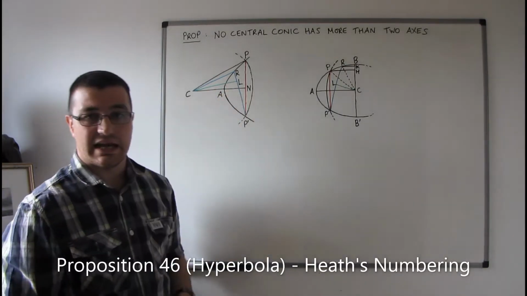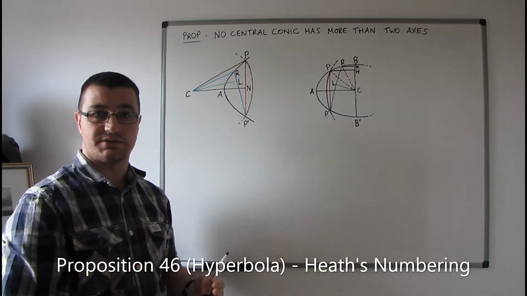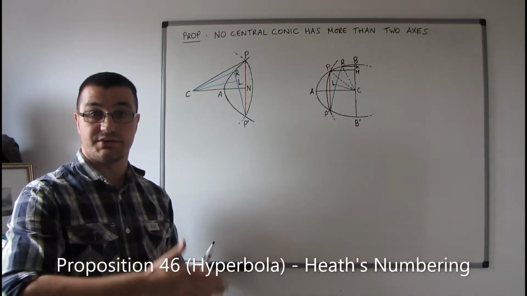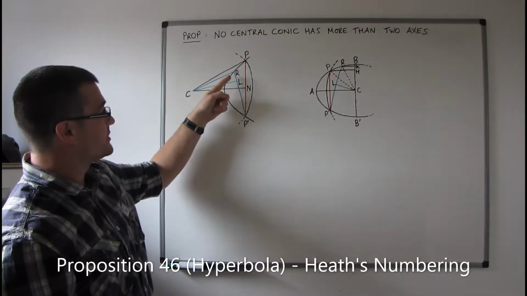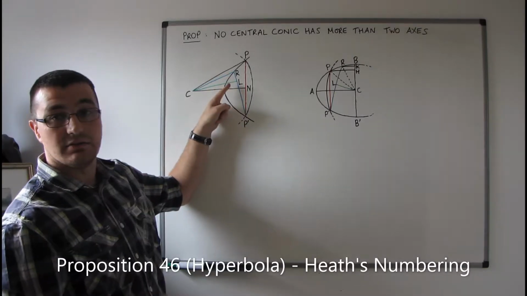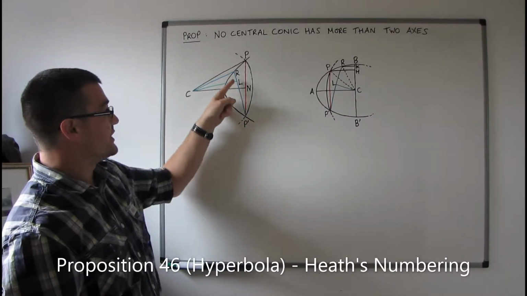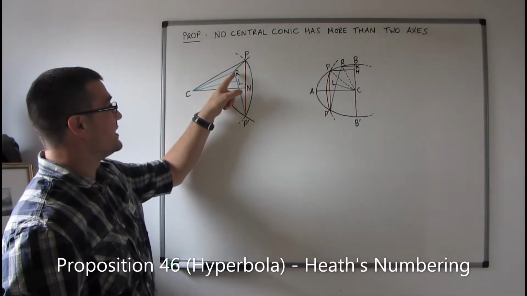With CL being an axis, that means that it bisects all of the chords that are perpendicular to it. So let's draw the chord through P primed that is perpendicular to CL, and which when produced will meet the hyperbola again at the point R up here.